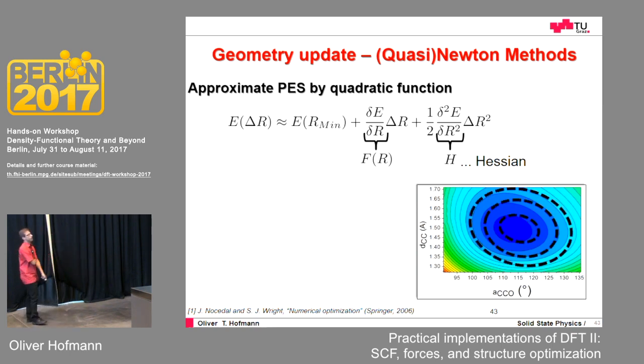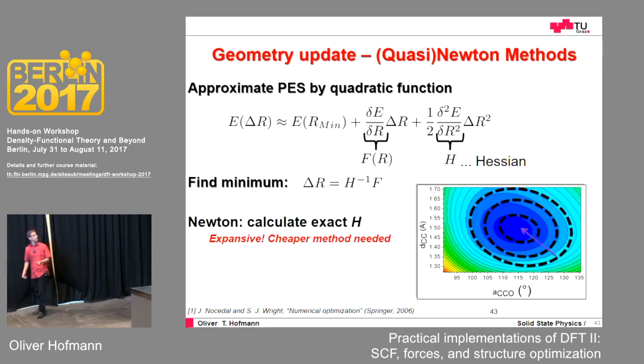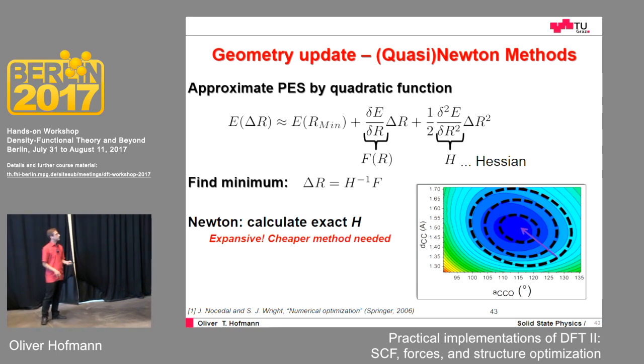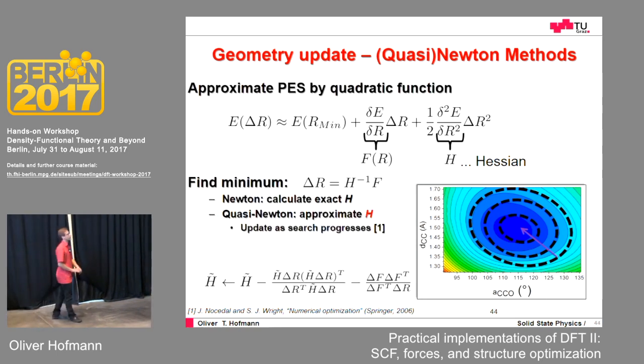This would be our, say, model Hessian. And then we try to find the minimum using what's called a quasi-Newton method. If you used a Newton method, we could actually calculate the exact Hessian and then go towards the minimum, but calculating the Hessian is typically too expensive, and instead we use what's called a quasi-Newton method.